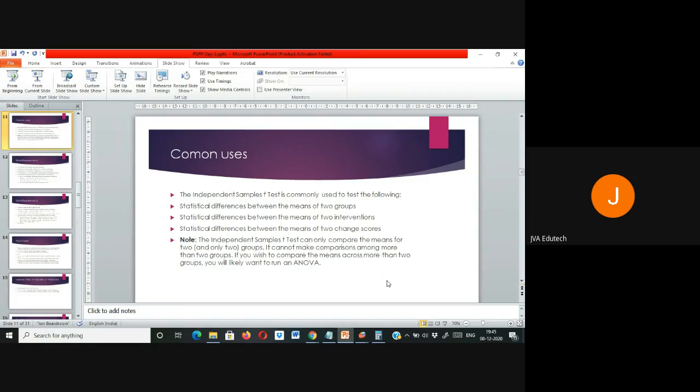The common use of this independent t-test is to check the statistical difference between the means of two groups, and the statistical difference between the means of two interventions in case of experimental research design. Suppose you are giving two different treatments, which is known as intervention, and you want to check whether there is a difference between these two interventions or not. Let's say two groups of people suffering from COVID.